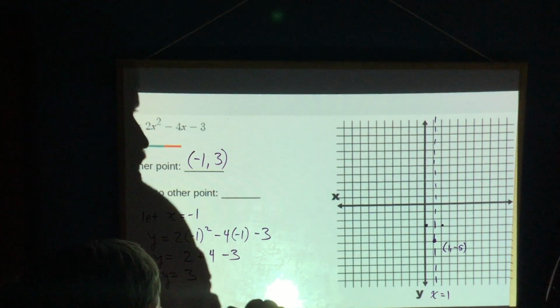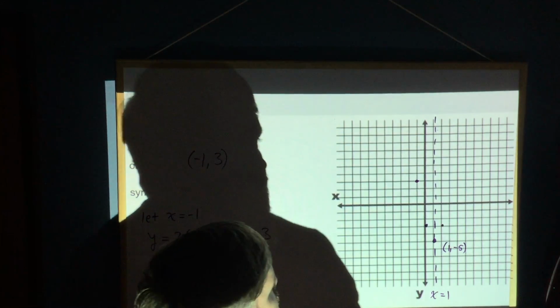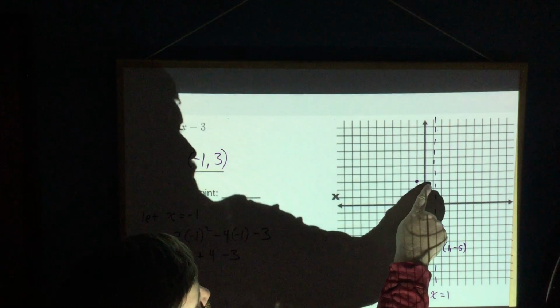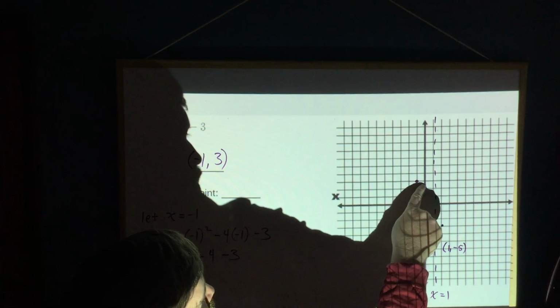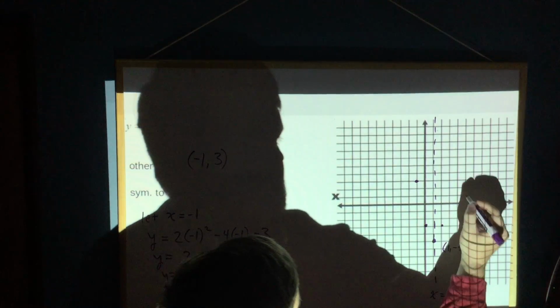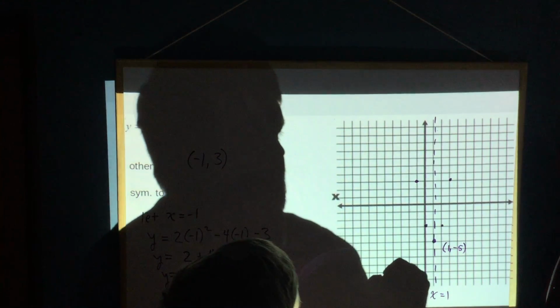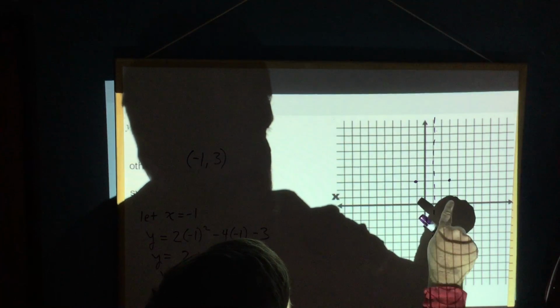So go ahead and plot that on the graph. -1, 3. That is 2 away from the axis of symmetry. So if I go 2 to the other side, I'll get the symmetrical point, which is right there. The coordinates of that are 3, 3.